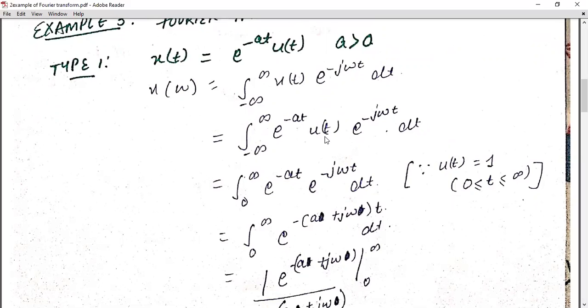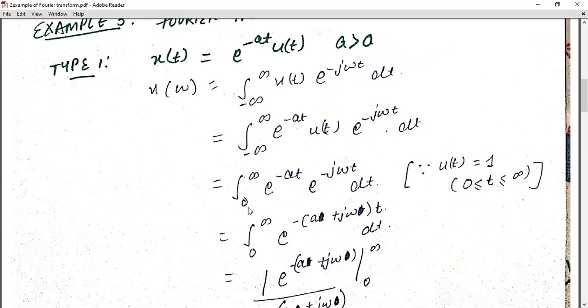We get u(t) equal to 1 in the range greater than 0 to infinity, and from minus infinity to 0, u(t) is equal to 0. So the limits will change to 0 to infinity; minus infinity to 0 will be 0.